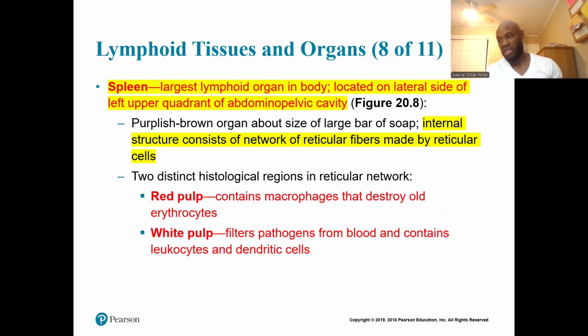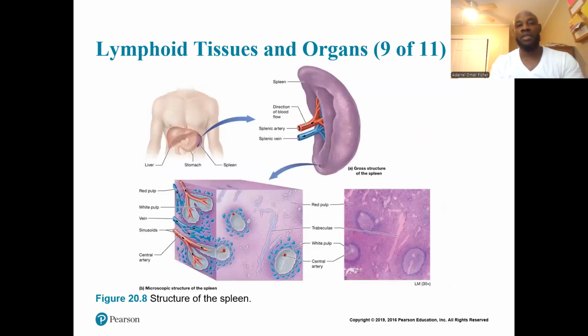It could get caught in the spleen. All these different areas of the body could attack and prevent the pathogen from spreading into other parts of the body. That's if it gets in the body. Remember that we have skin that prevents quite a bit from getting into the body. Right? So that's the spleen.